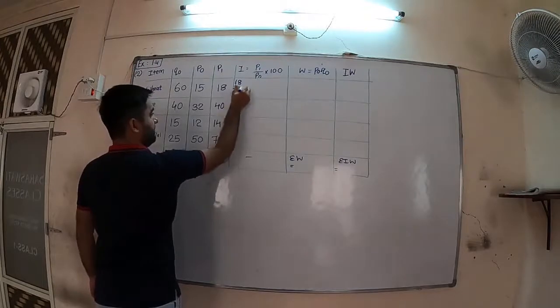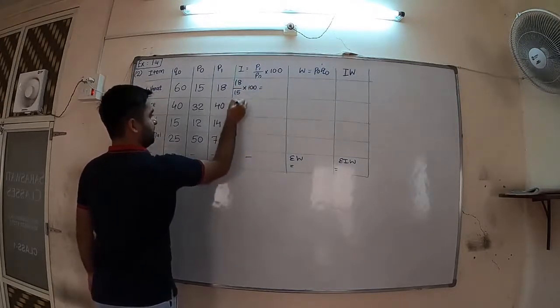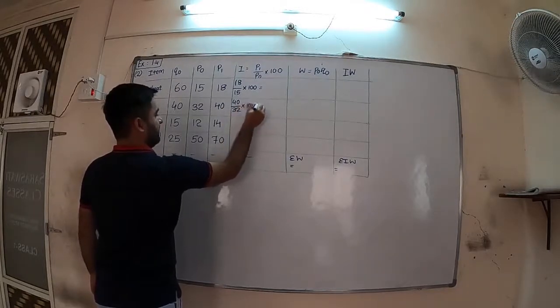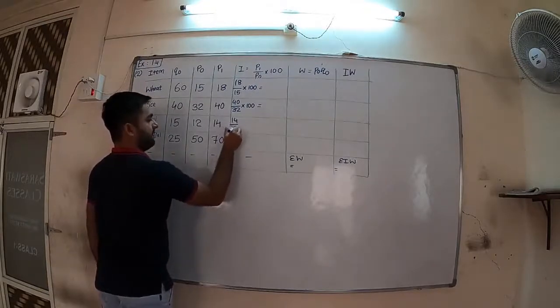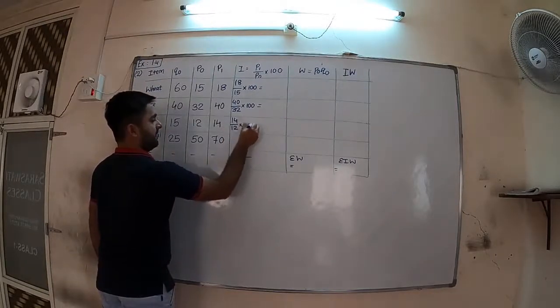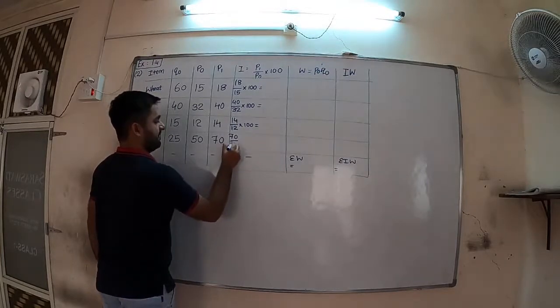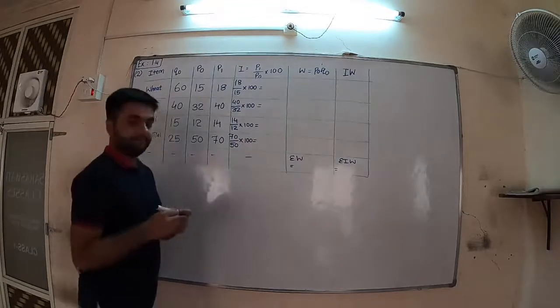18 upon 15 multiply 100, 40 divided by 32 multiply 100, 14 divided by 12 multiply 100, 70 divided by 50 multiply 100.